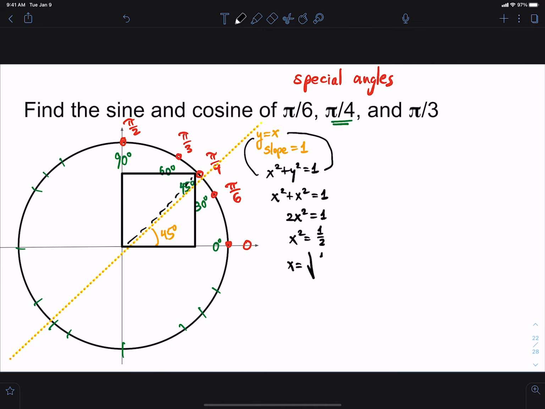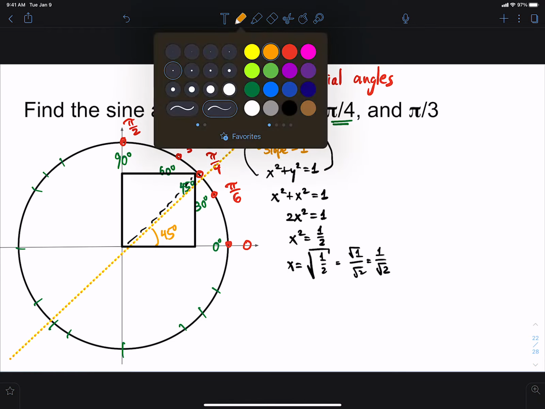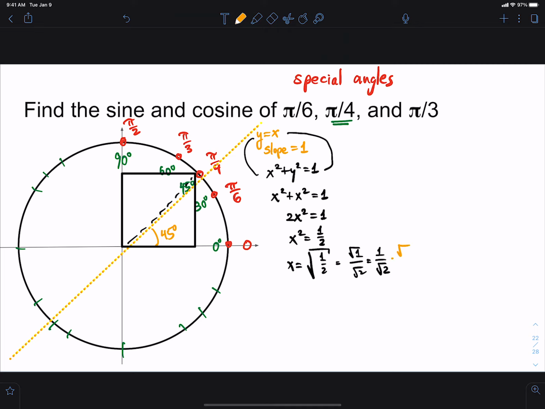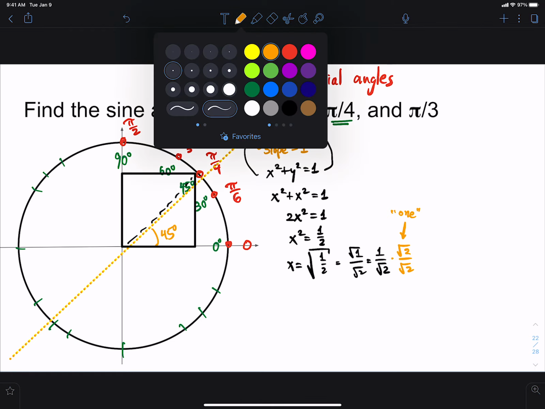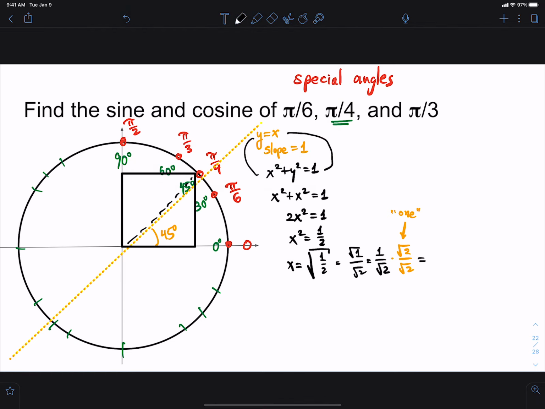It'll be the square root of 1/2, which is the square root of 1 over the square root of 2, or 1 over the square root of 2. But usually we rationalize the denominator. We'll multiply by 1 in this sense, and that lets us express this as root 2 over 2. So x is root 2 over 2, and y is the same, so y is also root 2 over 2.